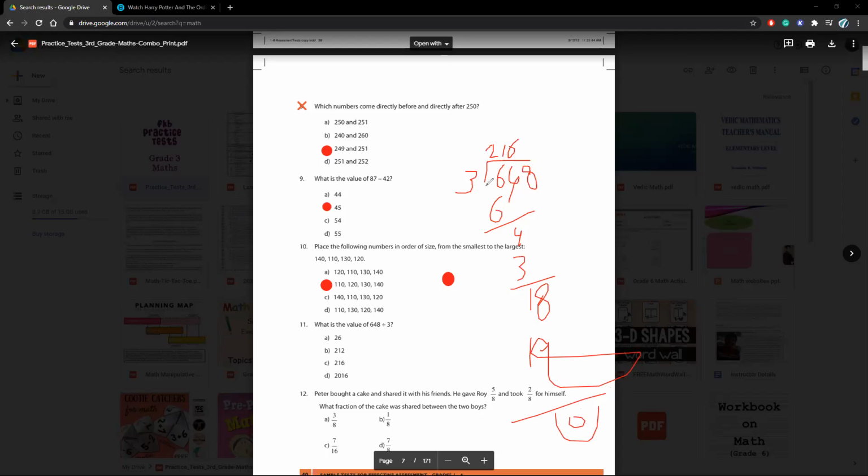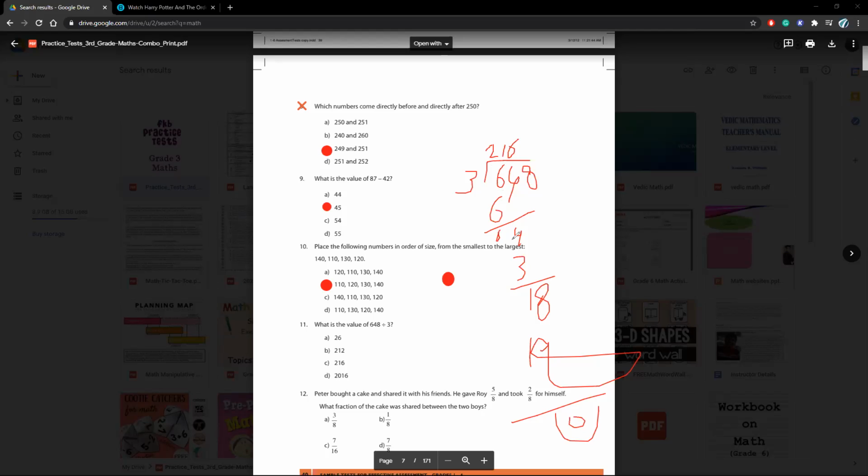So now we put a 2 on top, and then 6 minus 6 equals 0. Now we drop down this 4. So 0, 4, it's basically 4. Next we have to see in the 3 table what equals 4. Well, nothing equals 4.